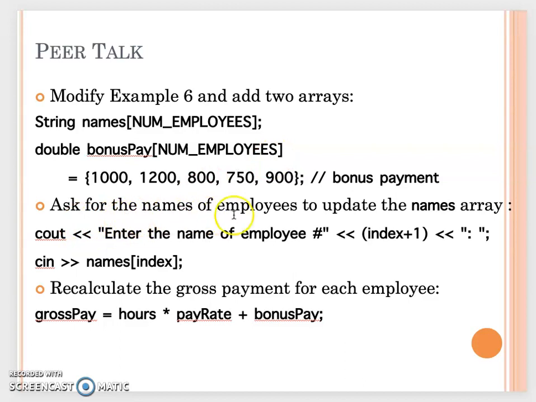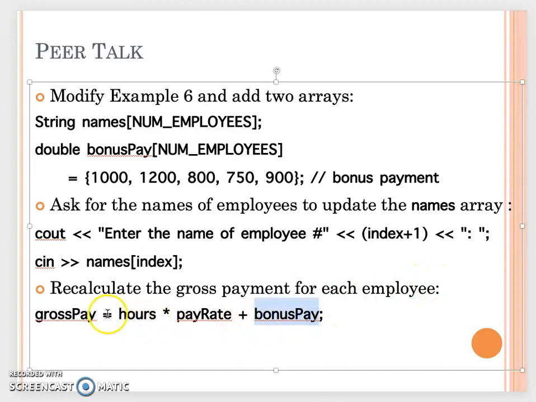So ask for the name of the employee to update the name array. In the first for loop, we will add the employee name. Then at the end, when you calculate the gross pay for each employee, you also need to add the bonus pay, because hours times rate plus bonus pay is the gross pay. So can you do that?